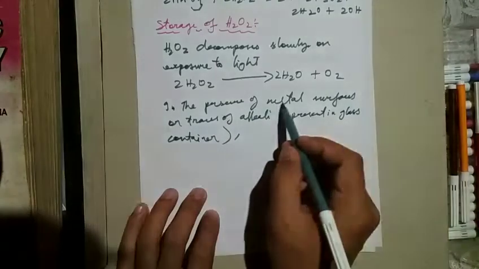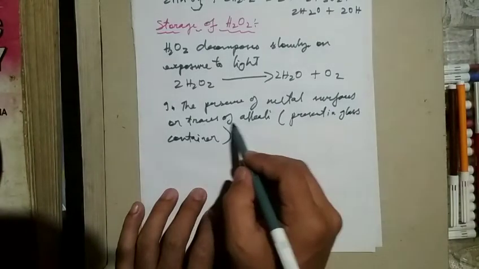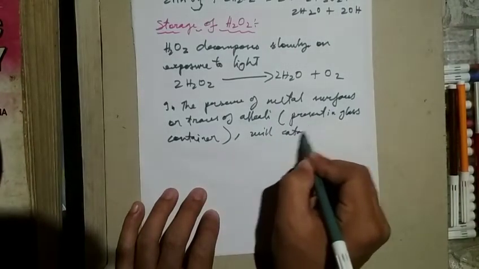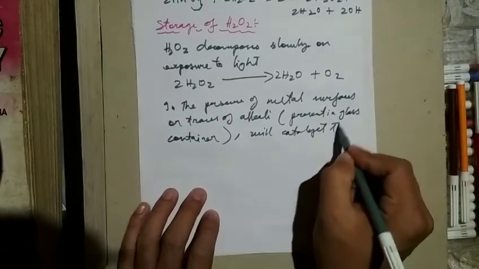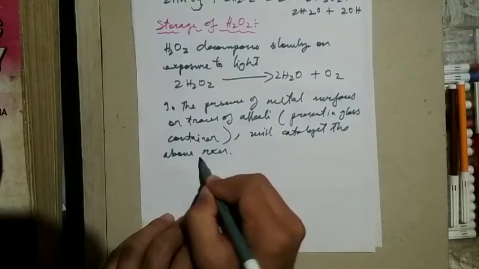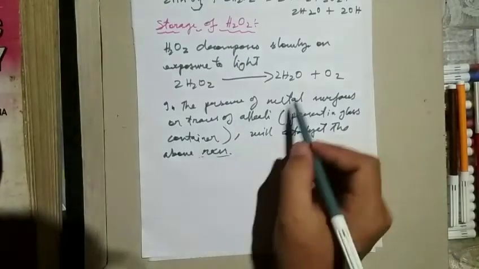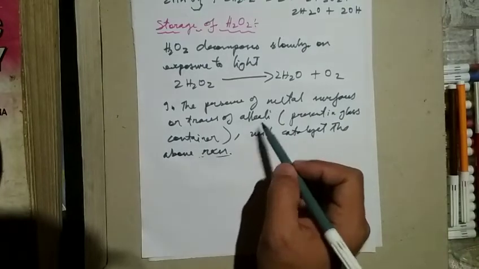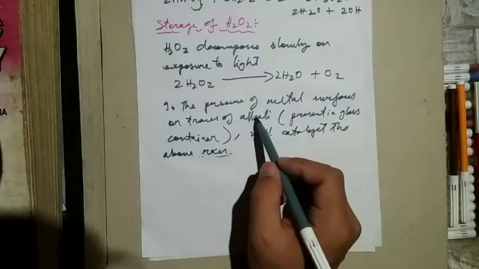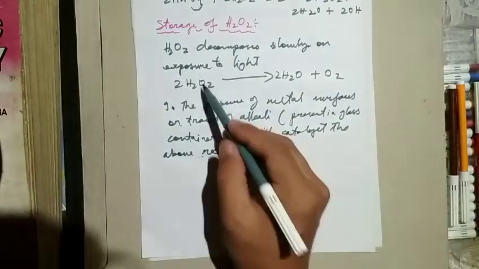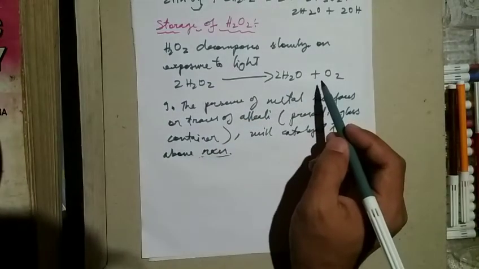So the presence of metal surface or traces of alkali present in the glass container will catalyze the above reaction. I'm writing in short form. Catalyze means it will accelerate this reaction.